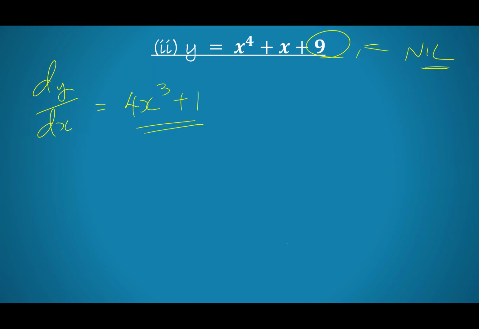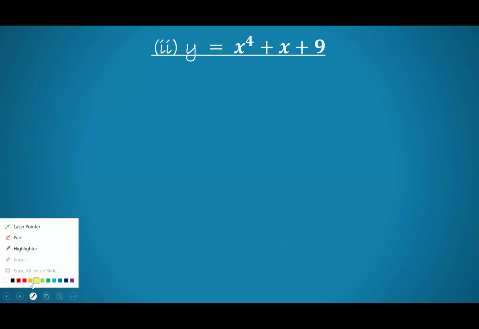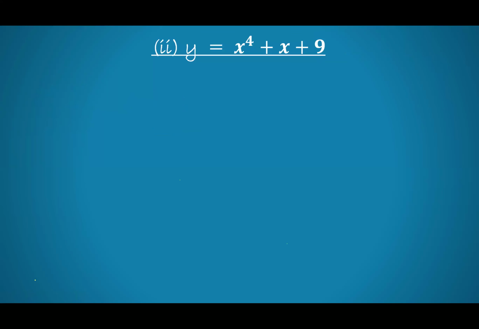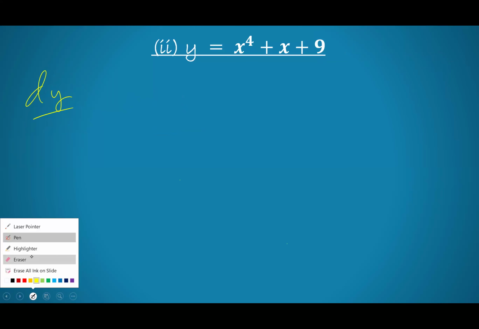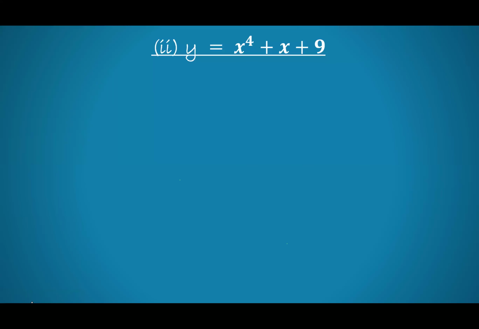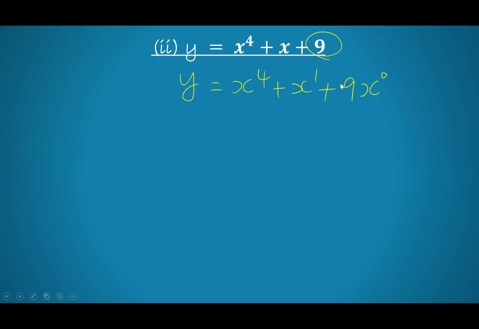So ideally, if I'm to elaborate on this, there's a simple mathematical explanation. Let me first rewrite this equation: y is equal to x to the power 4 plus x to the power 1 plus 9x to the power 0. This 9 that you see here has an x, but the x is to the power 0.